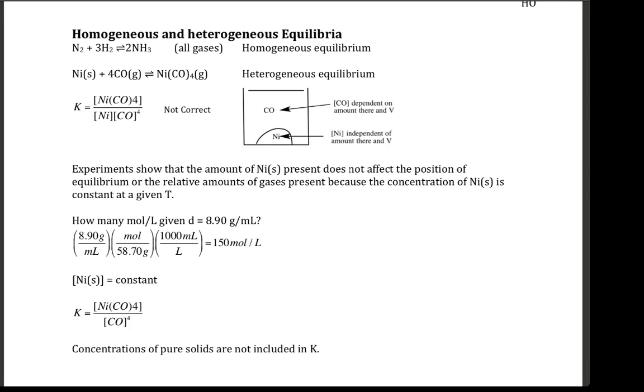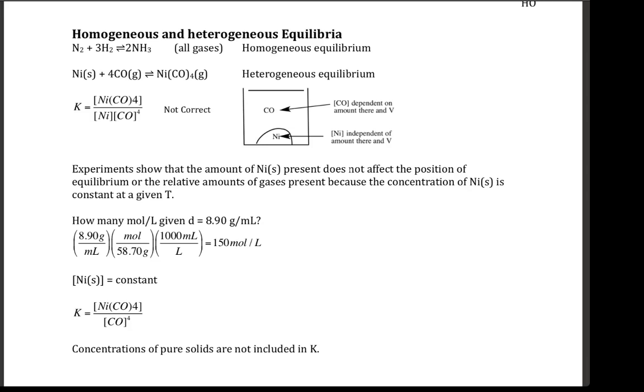That is, as the nickel reacts, the amount of it, the mass of it, the moles of it decrease, but not its molarity. And what's in our equilibrium expression is molarity, not mass. So we leave the concentration of the nickel, which is constant, out of our equilibrium expression.